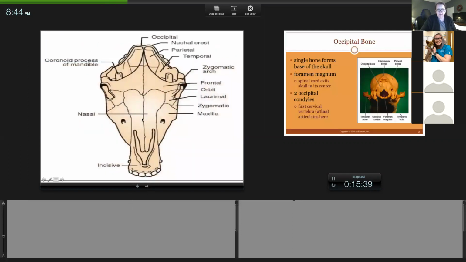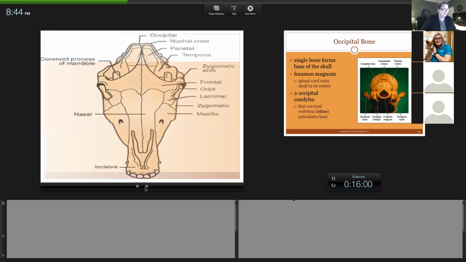Okay, when we're talking about the skull, we often think about this whole thing, which is called the skull, but what actually covers and protects the brain is really just this back part. Everything else is part of the facial nasal structure. This is the cranium.